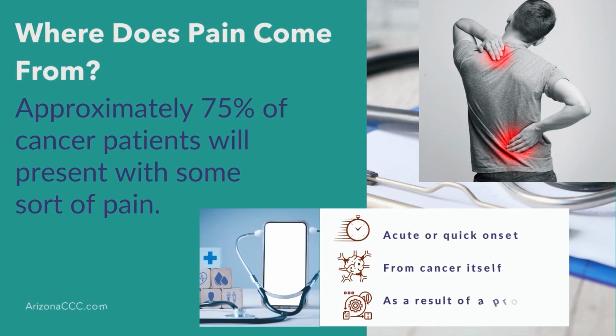So pain is actually one of the most common symptoms that cancer patients have. The pain could be due to the cancer itself. It could be due to the procedures involved in cancer diagnosis or treatment, or it could be directly related to the treatment. For example, if a patient has a mass on the spine, they can have pain from metastatic disease to the spine.